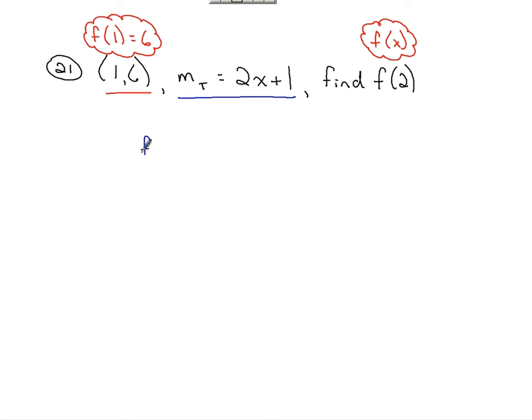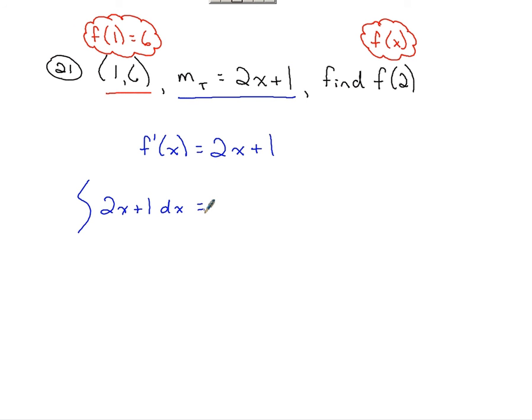So I could say that f prime of x equals 2x plus 1. And if I'm trying to find what the original function is, well, I can do what I just did on that last example, right? Take the antiderivative of 2x plus 1. Whatever that gives me is the foundation for my function.